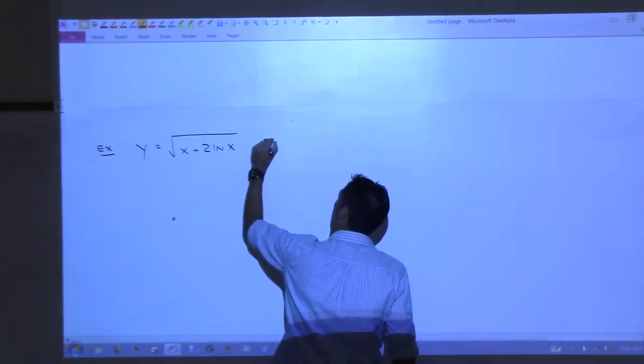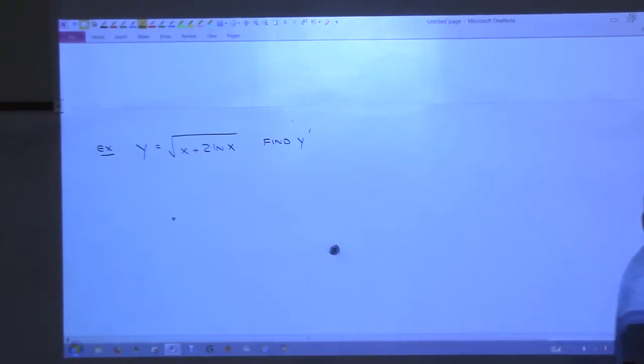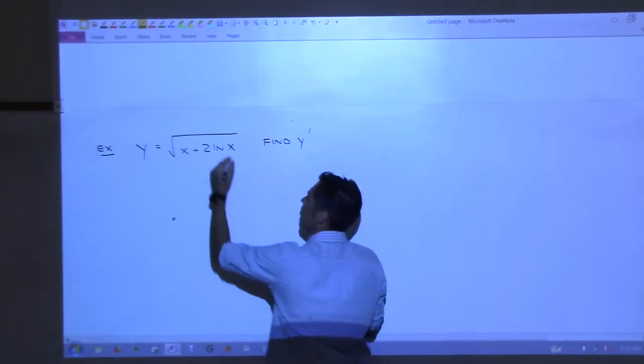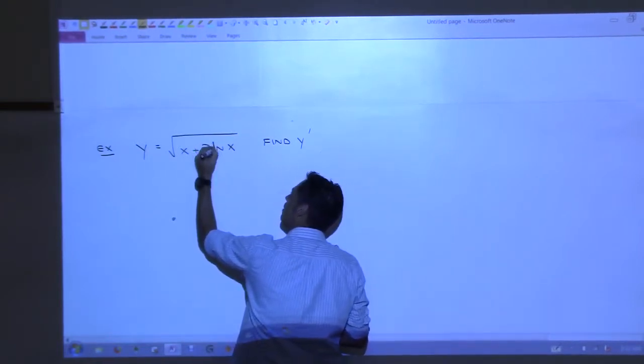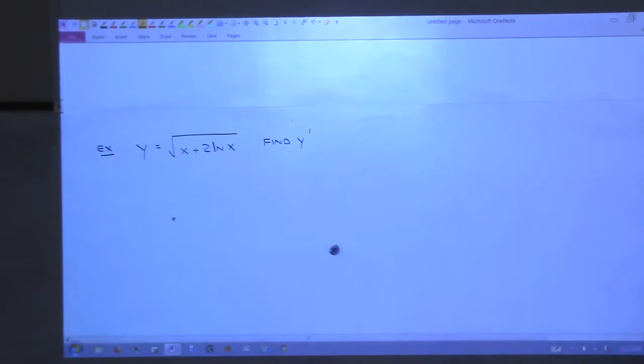And we want to find y prime. So we do have a logarithmic function in here, right? This right here looks like 21, but it's natural log, okay? Now 2 times natural log of x.